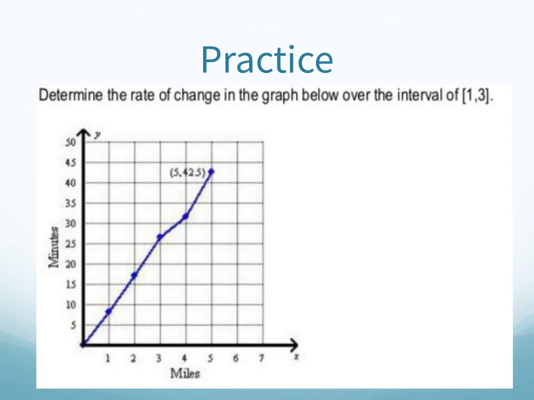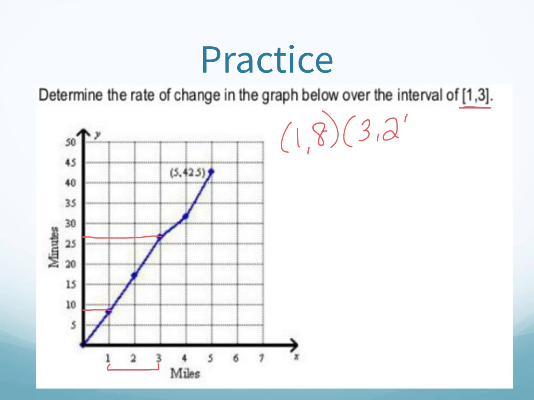Let's look at calculating it. So determine the rate of change over the interval [1, 3]. So once again, we're looking at the difference between here and here. So I'm going to take those 2 points. So my point for 1 is going to be (1, 8), as I estimate this is about 8. And 3 is about 26.